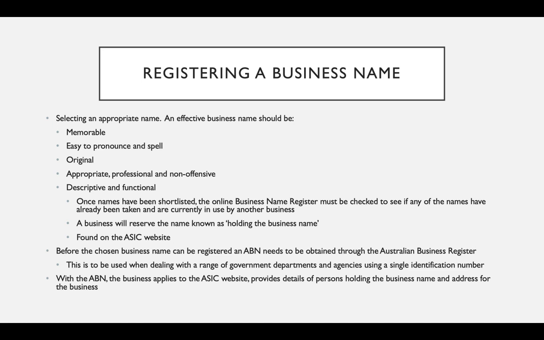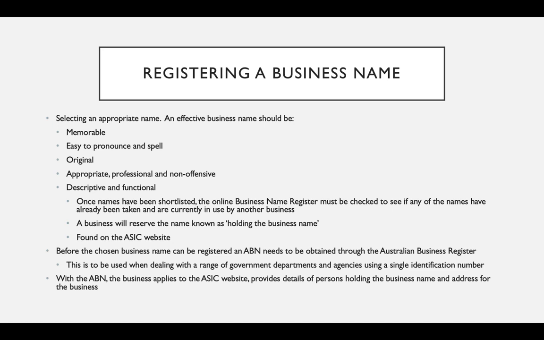Once you know that no one else uses it, you then put the business name on hold, and then you will obtain the business name through the Australian Business Register. All right. That happens though after an Australian business number has been addressed.